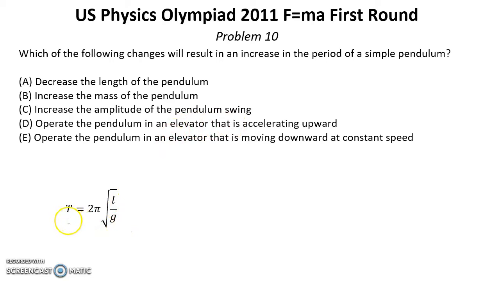It means that the period will decrease. E: operate the pendulum in an elevator that is moving downward at constant speed. In the inertial frame of reference, we don't have any influence on the period. We can see it from this formula.